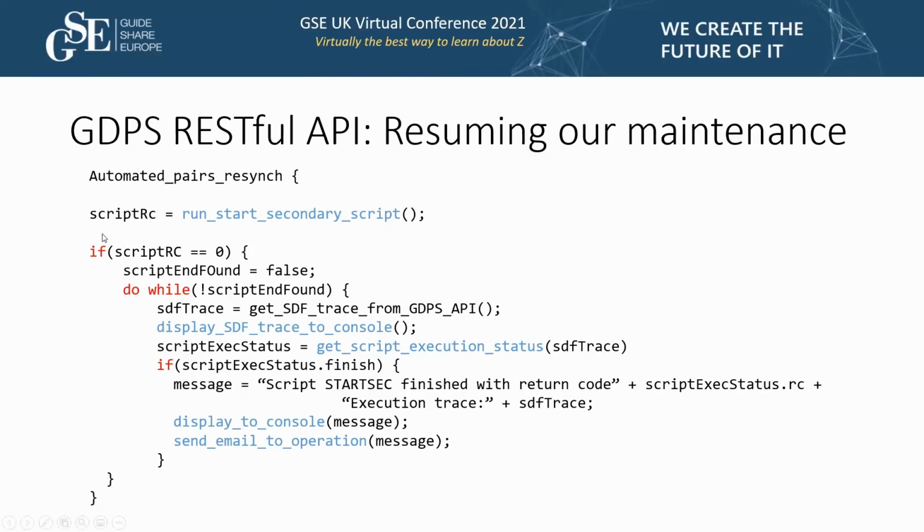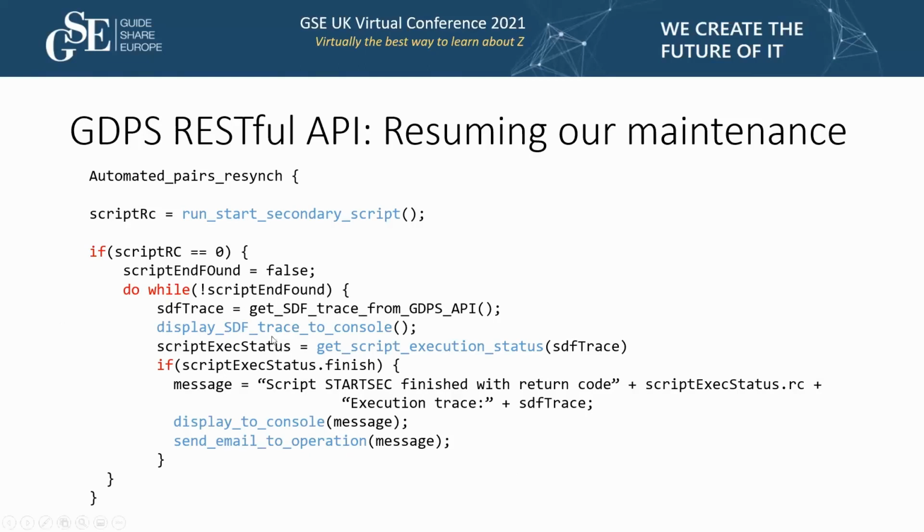Once it has responded, we're going to check that the return code is 0, so that the script was successfully launched. If that's the case, we're going to monitor the SDF trace entry to check if the step itself is successful.